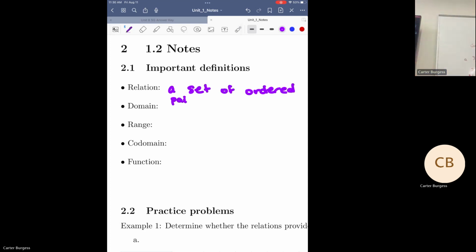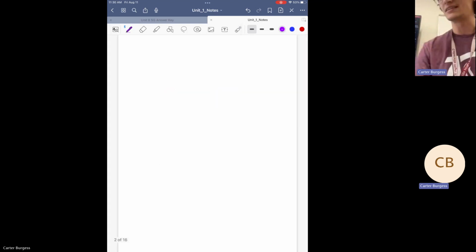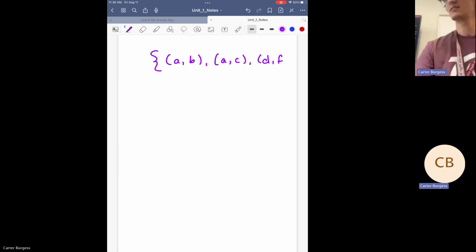So if we wanted to think of a relation, this could be the set of points like (A, B) and (A, C) and maybe (D, F), something like this. And that is definitely a relation.